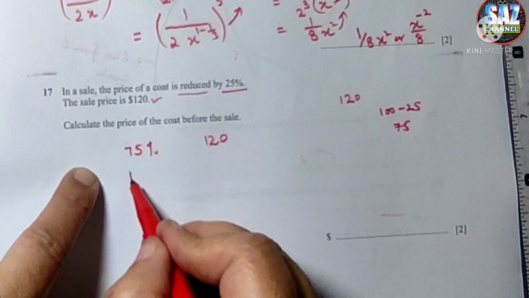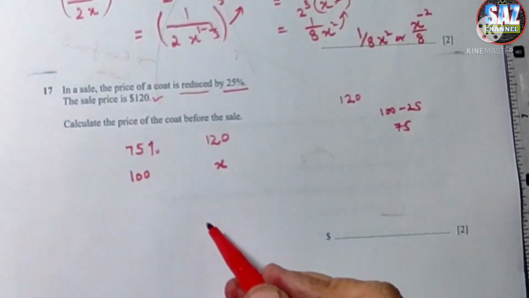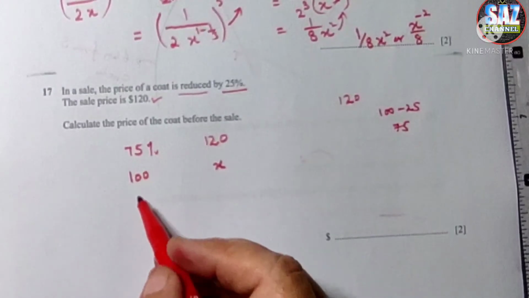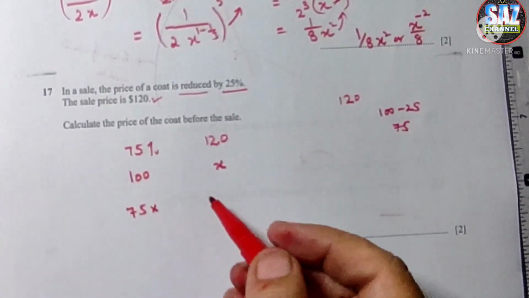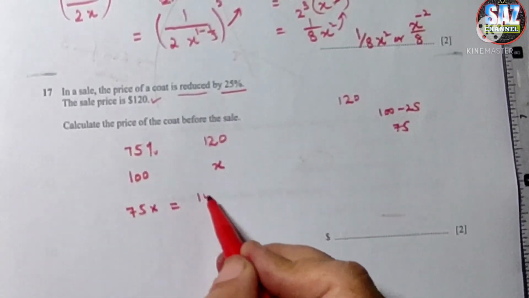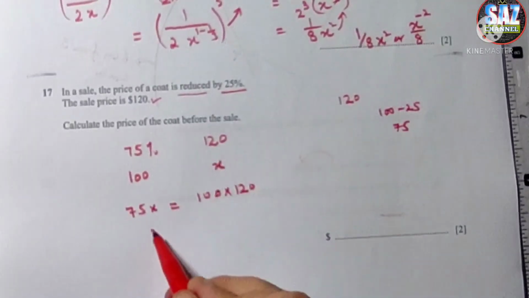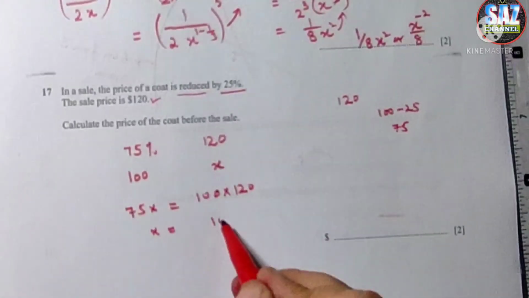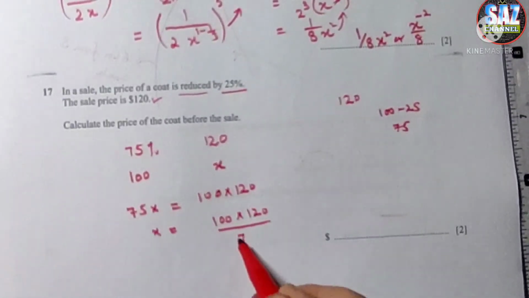And when the price was 100%, how much amount did we have to pay? As this is a direct proportion question, 75x will be equal to 100 multiplied by 120. Now x equals 100 multiplied by 120 divided by 75.